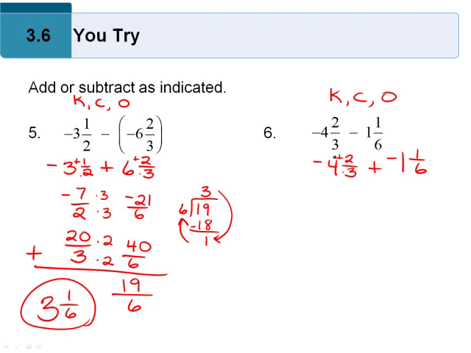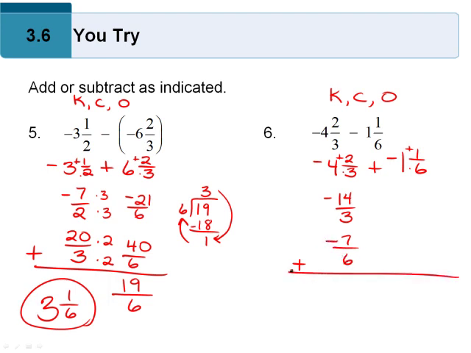Next step, change them to improper fractions. So it's going to be 12 plus 2 would be negative 14 over 3. Okay? Plus the 1 and 1/6 would be 6 times 1 is 6, plus 1 would be 7 over 6, and that's also a negative.